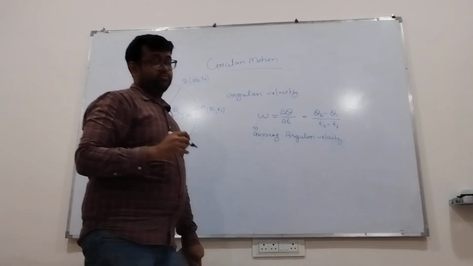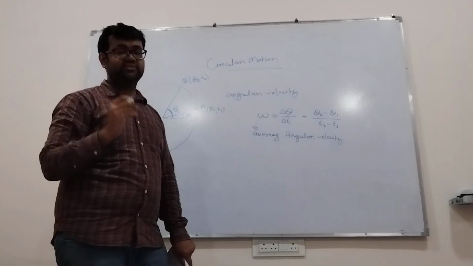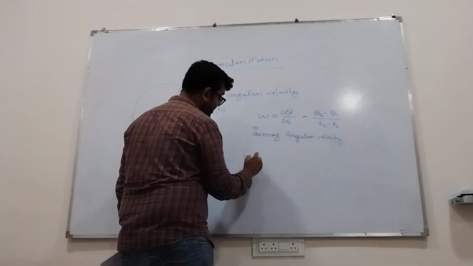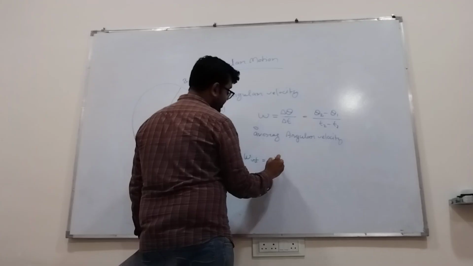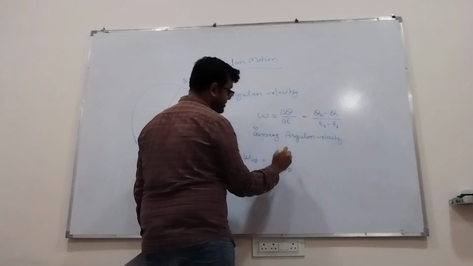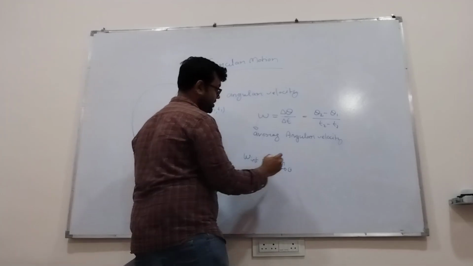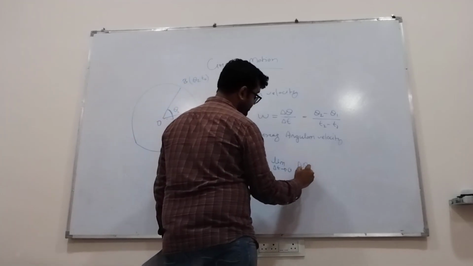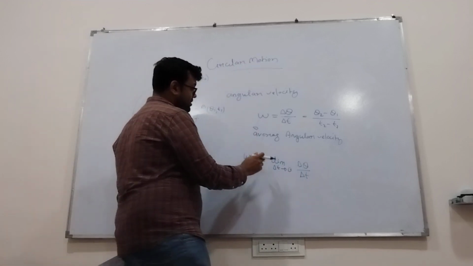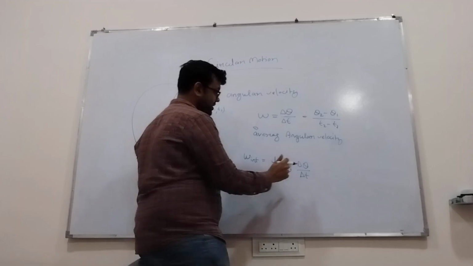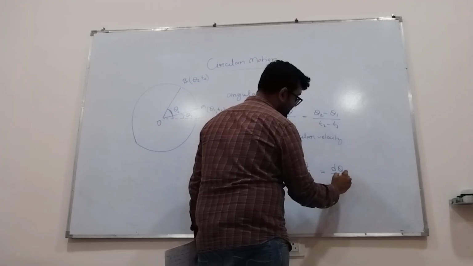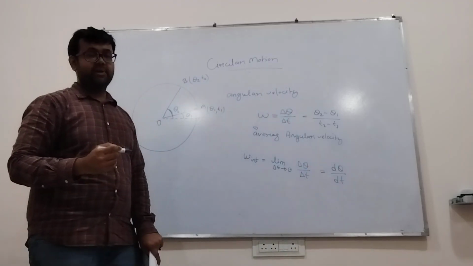Now suppose we want to calculate the instantaneous value of the omega. What can we do? We can take the limit where delta t tends to 0. So when we put the limit, we can rewrite this like this, d theta by dt.